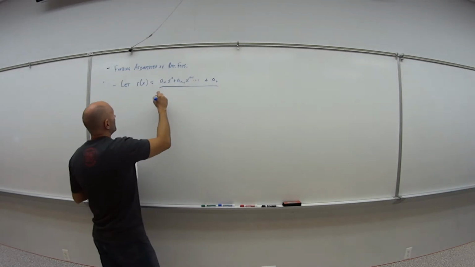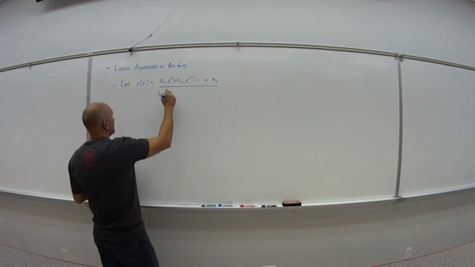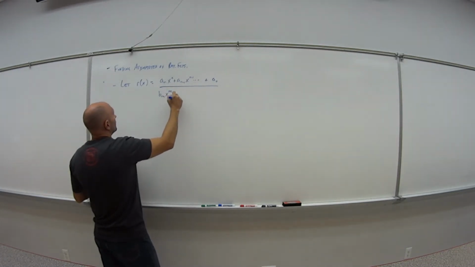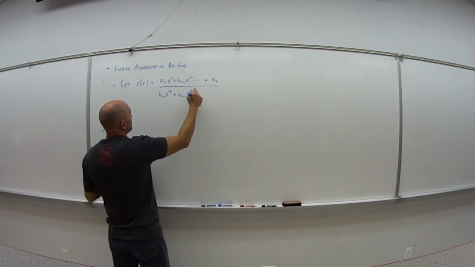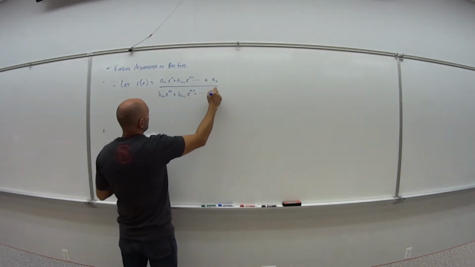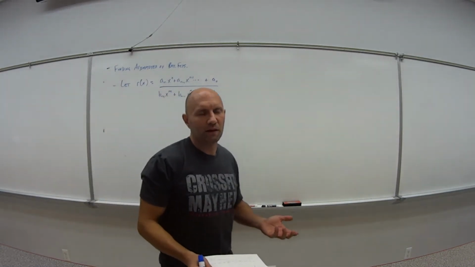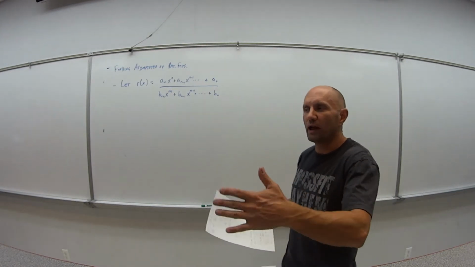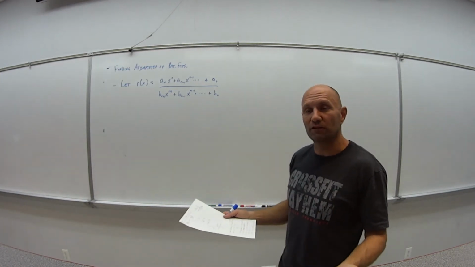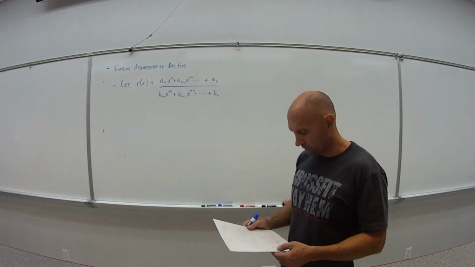And in the denominator, we're going to have b_m x to the m, plus b_(m-1) x to the m minus 1, etc., down to our constant b_0. So we use m in the denominator because n and m might not be the same. They could be the same, but they don't have to be. So that's why we choose different variables.